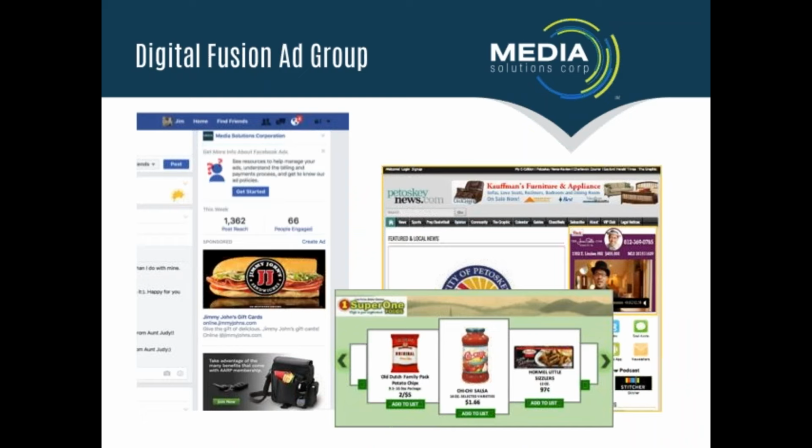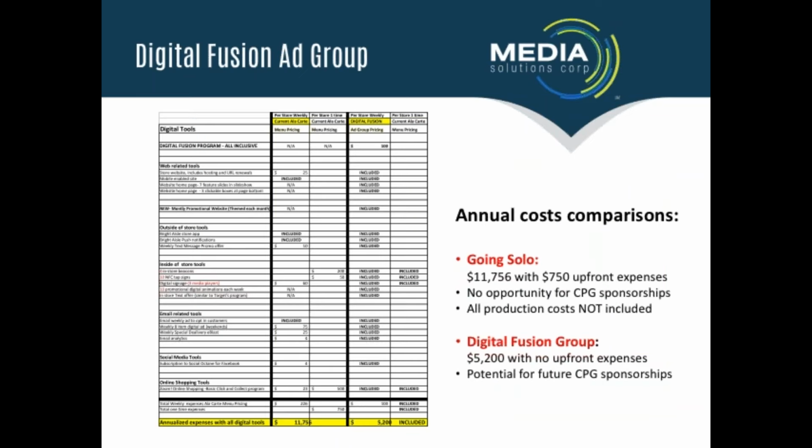There's also the ability to place your featured items or messages on people's Facebook pages. Like on the left here, there are two different ads using the same service to be on local websites, as well as, and this is Petoskey, Wisconsin News.com, banner ads on top of the website, and this is Super One Foods, up in northern Minnesota, buying banner ads as well.